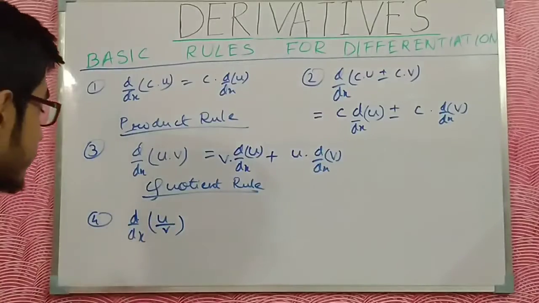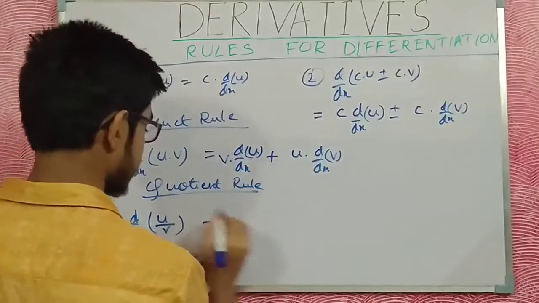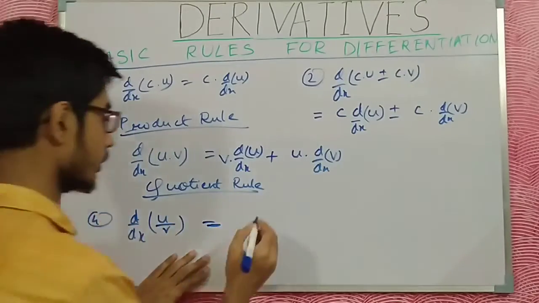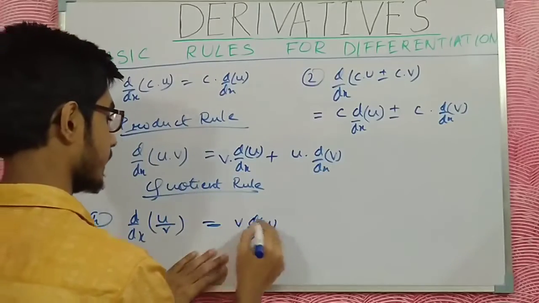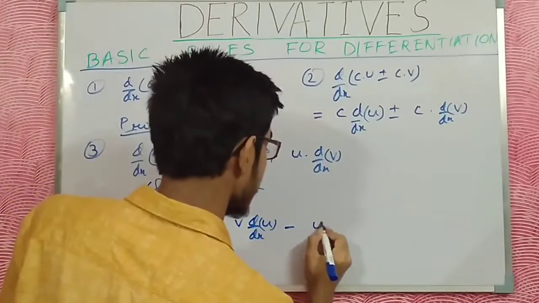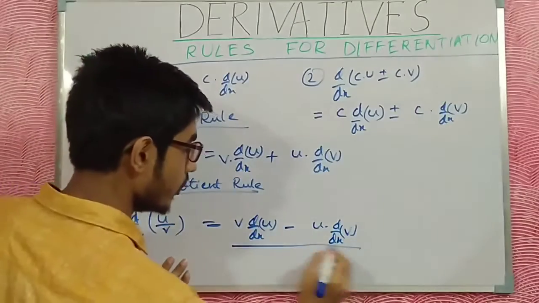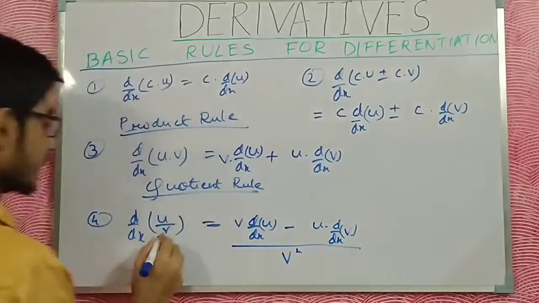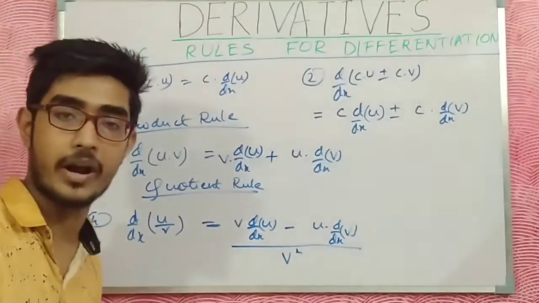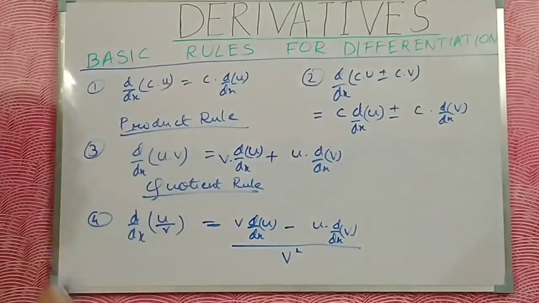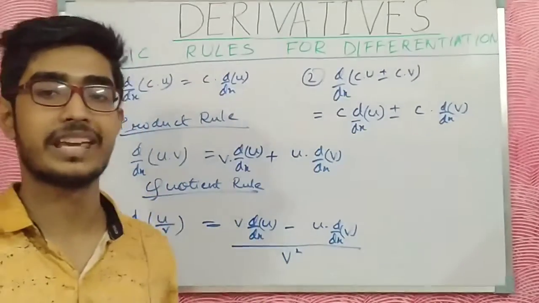When the function is u by v, then to find that differentiation we will break it like this. u is on the top, so first we will find the d/dx of u, v will be outside, then minus u will be outside and d/dx of v, and below it will be v square, meaning the function which is below will remain in the denominator and will be squared. So this is the quotient rule and this is the product rule, and all these four rules you will require in most of the sums while doing the exercises.